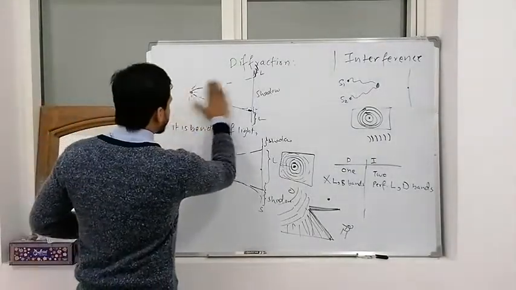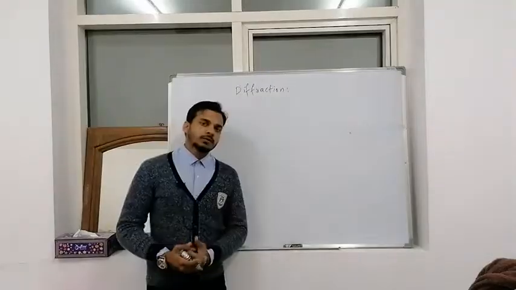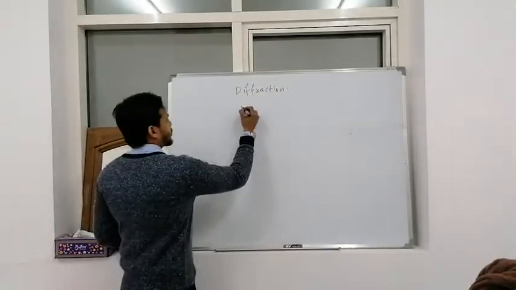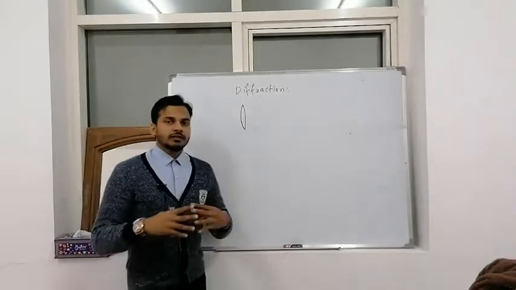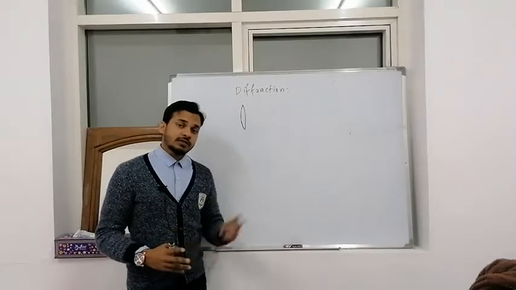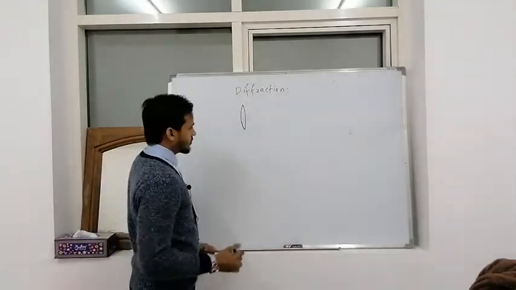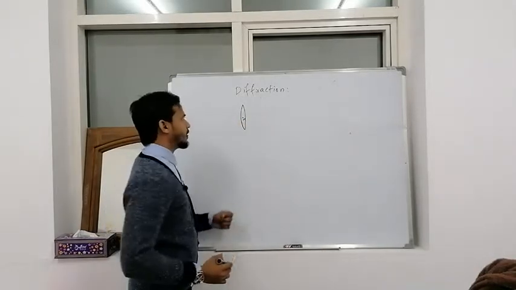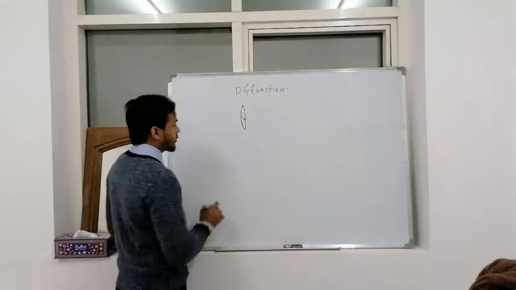I'm going to rub this off. Deep, I would like to tell you some basics that you must know. We are diffracting the light by using a convex lens, and this is the convex lens. Here you should know four things. First, there will be a point exactly in the middle of the lens, that is M, the midpoint.